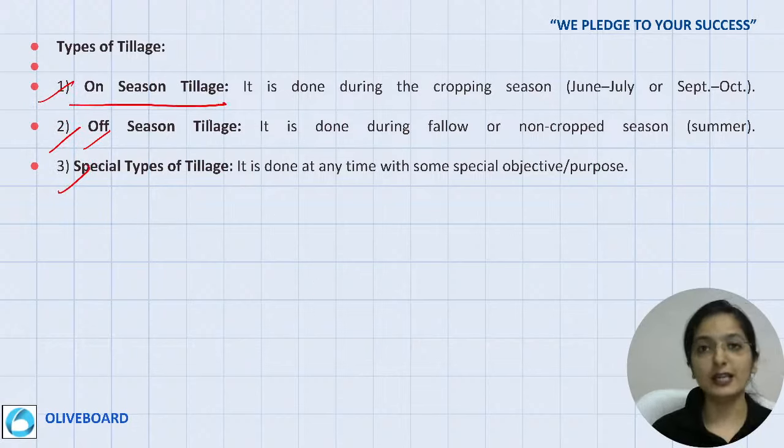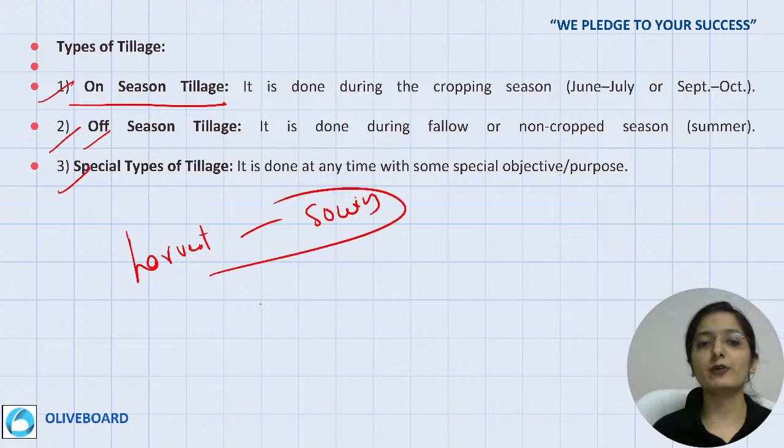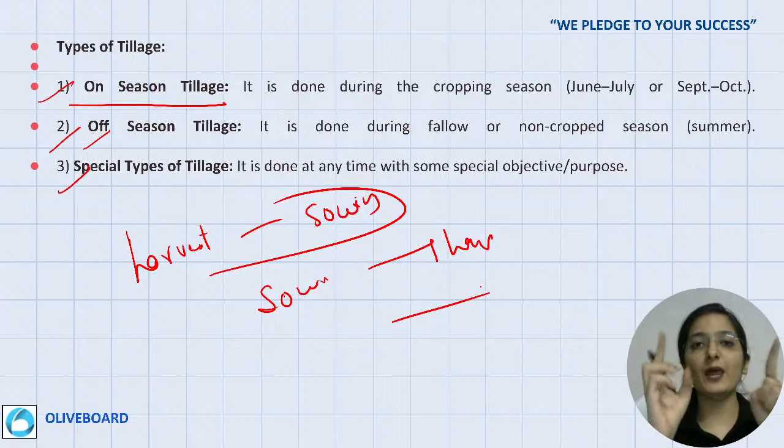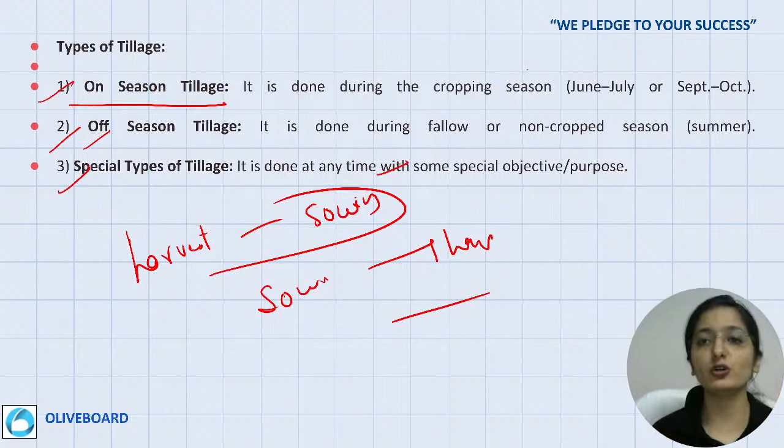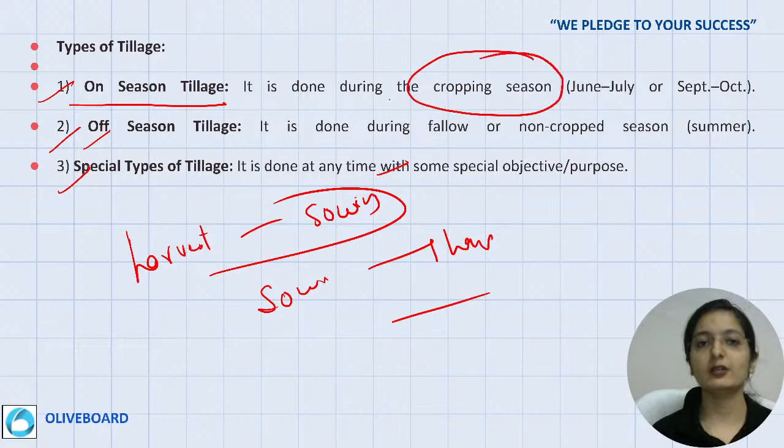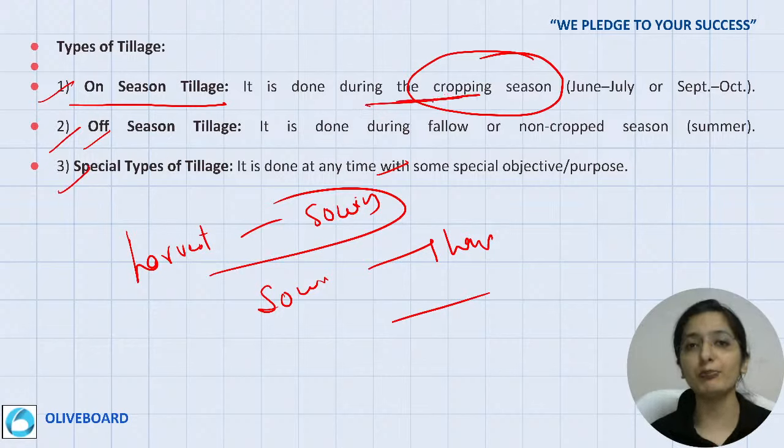On season tillage is done from harvesting to sowing, or from sowing to harvesting, whatever you say. That particular duration is your cropping season, right? On season itself says that you are doing tillage during the cropping season. During this complete duration, you are practicing it.